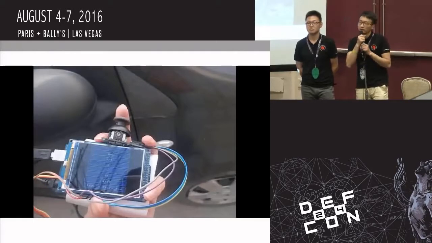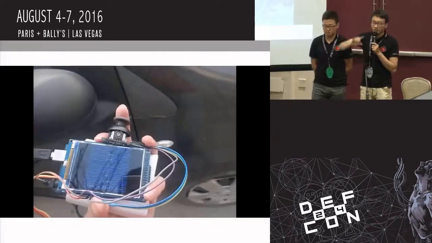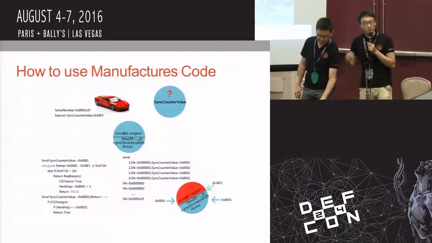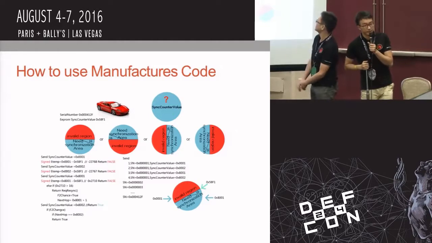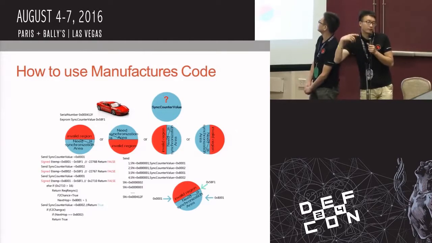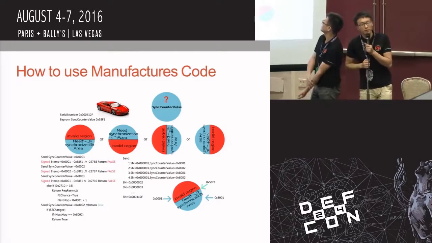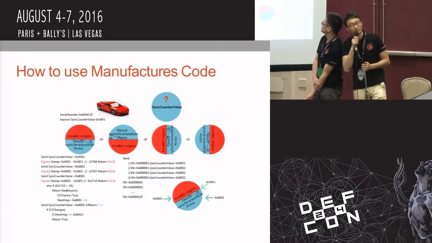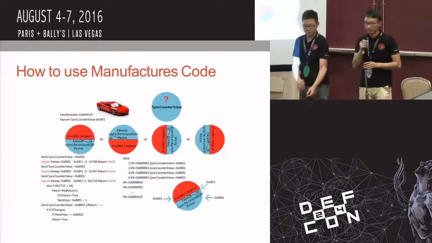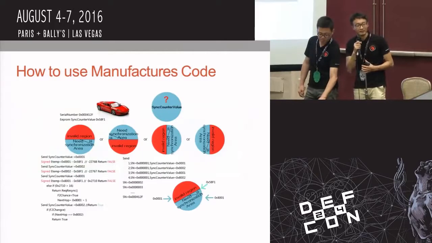The owner would literally have to press almost 30,000 times, because it's a 16-bit variable, in order to regain control. So we literally disable their key fob. So any questions? Okay.